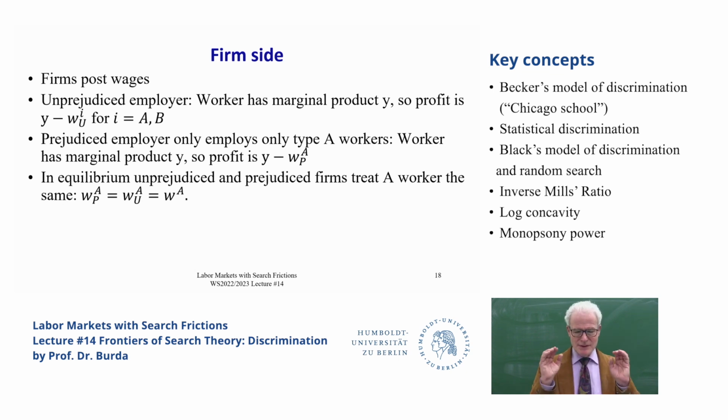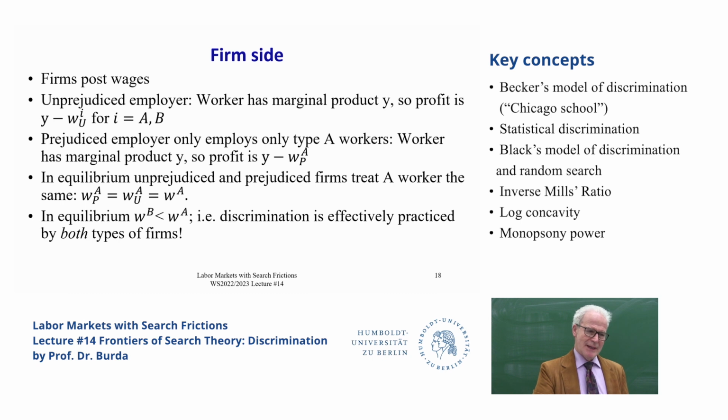So the equilibrium condition he's going to impose now is that at least for the A workers, they get the same wage because they can, in some sense, direct their search more effectively, because the other firms don't hire anybody. They just figure out some way to kick them out, keep them out. So again, this is a simplification, another simplification, an equilibrium condition.